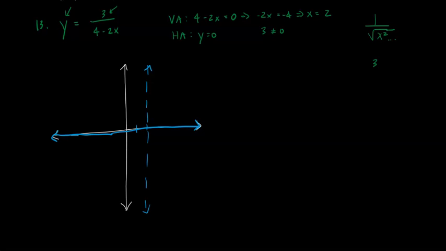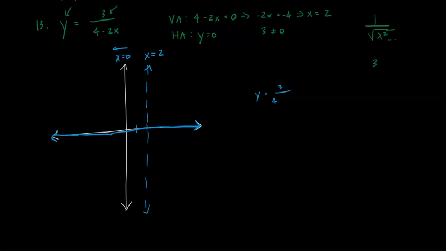And I'm going to test some points. How do I test points? I'm going to test points to the left of my vertical asymptote. So x equals 2, to the left of it, a very nice point to test is x equals 0. When I put x equals 0, it just becomes 3 over 4, which is 0.75.